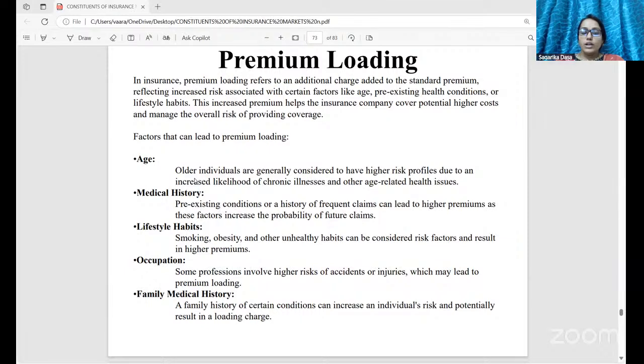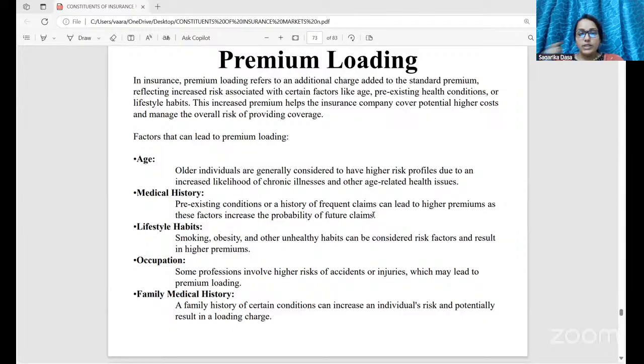If older people have a high risk because of health issues, hence an extra charge will be added to the standard premium based on the age factor. Then medical history: pre-existing medical history, or a history of frequent claims, can lead to a higher premium, as these factors increase the probability of future claims.